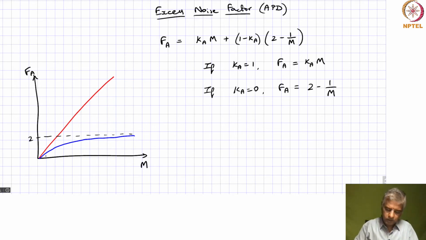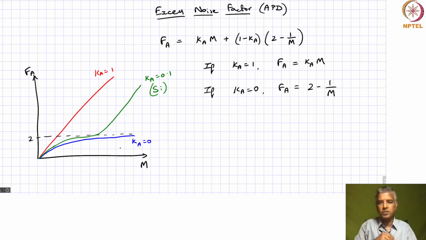Well, that would be closer to 1 for low values of m, but as you go to higher values of m, it is going to start being parallel to this other line. The other line is Ka equal to 1, and here we are talking about Ka equal to 0.1, which is the case for silicon. Okay. And let us just make sure this label is also there.